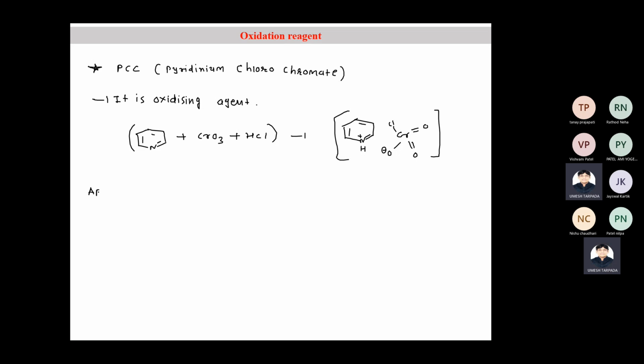So the application is: 1 degree alcohol may undergo oxidation with PCC in the presence of CH2Cl2 as a solvent to give aldehyde.